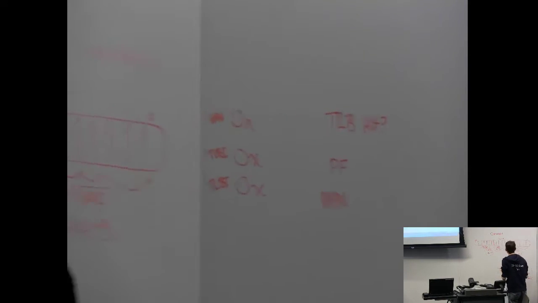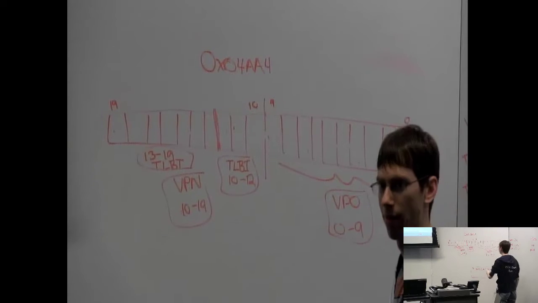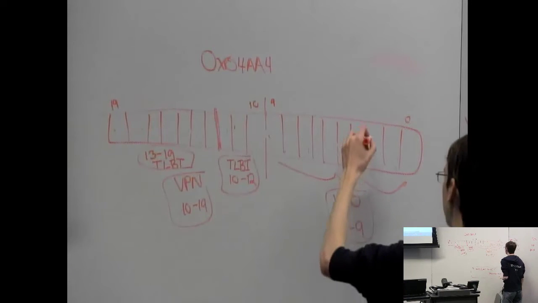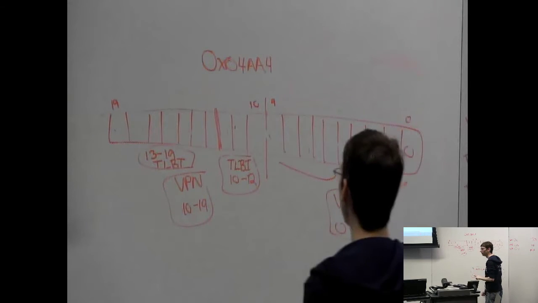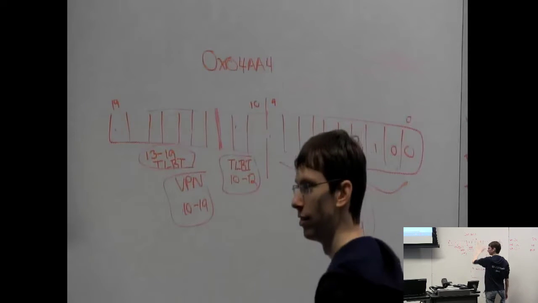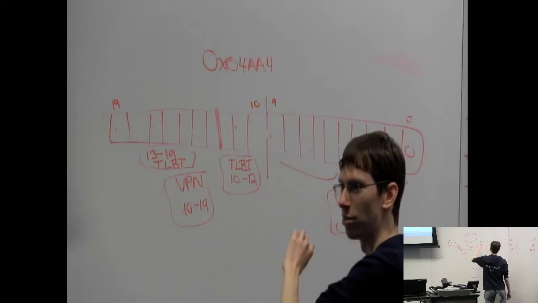Okay, so what is 4 in binary, as 4 bits? 0100, exactly. Okay, and then A, so A is the equivalent of 10 if you're in decimal. Anyone know? 1010, yeah.